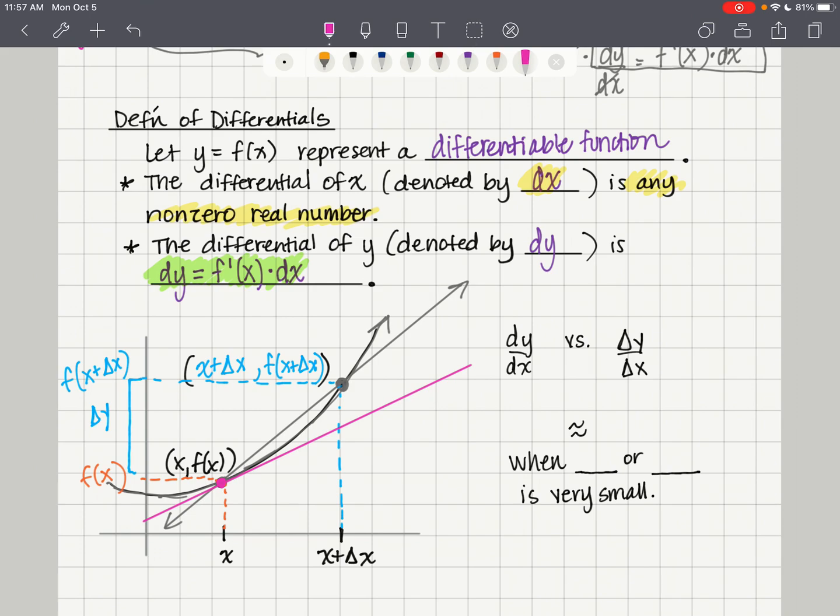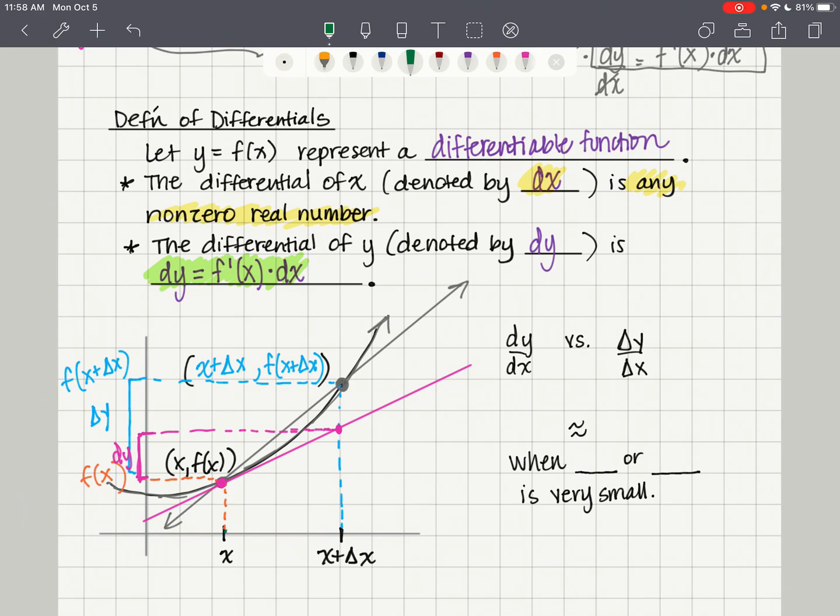Look at our tangent line at x plus delta x. This is important right here. This right here is dy.